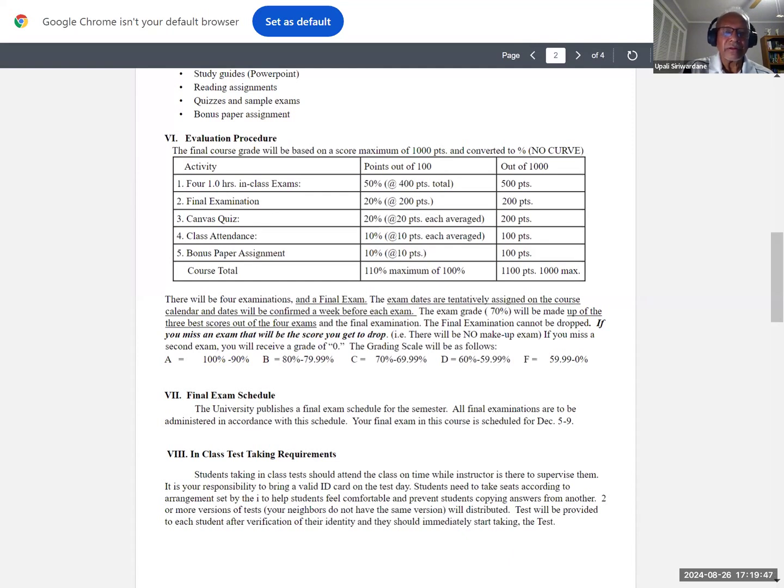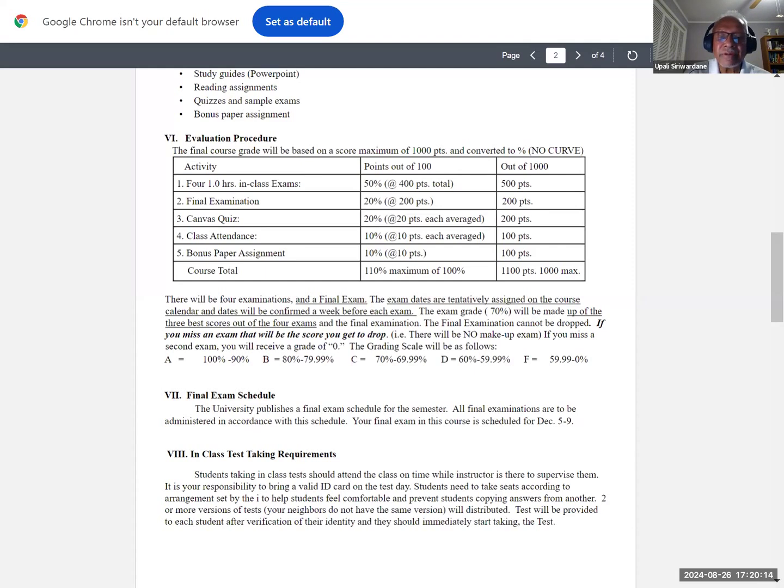There are online Canvas quizzes for chapter 1, 2, 3, 4, 5, 6. There are going to be about 8 quizzes. Average of those quizzes is going to be 20% of your grade. Class attendance is monitored, and you will earn 10 points maximum for class attendance.